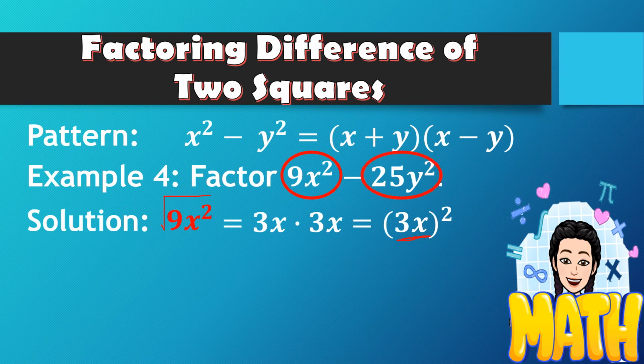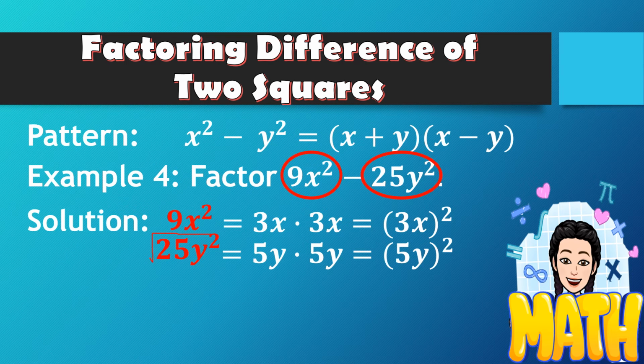Next, 25y squared. Anong factor ng 25y squared ang pwedeng i-multiply sa sarili niya para makuha natin ang 25y squared? Very good. We have 5y times 5y is equal to the square of 5y. Ibig sabihin niyan, ang square root ng 25y squared ay 5y.